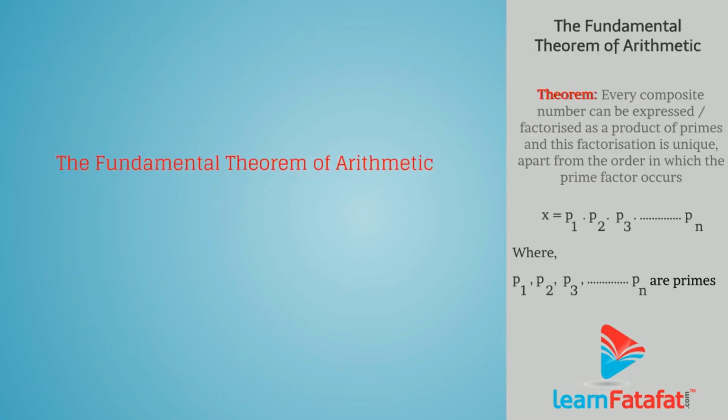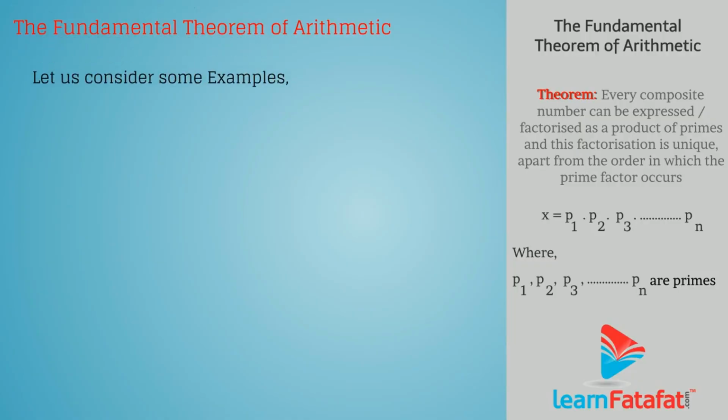The fundamental theorem of arithmetic. For example, calculate factors of 12. 12 can be factorized as 2 into 6. Then again, 6 is simplified as 2 into 3.